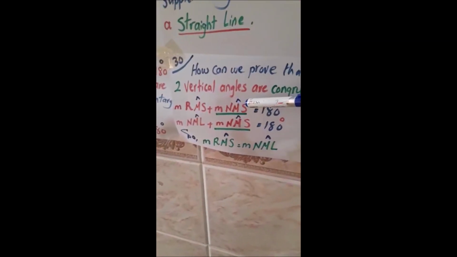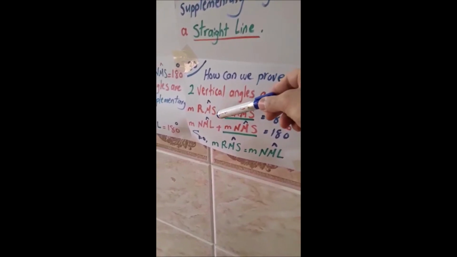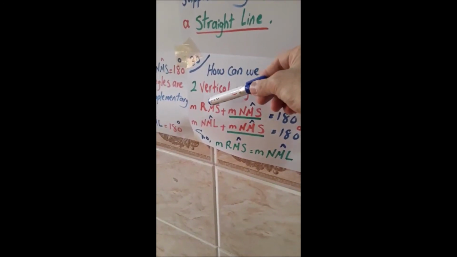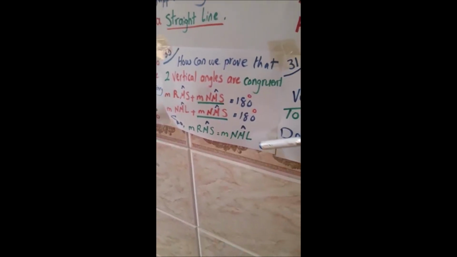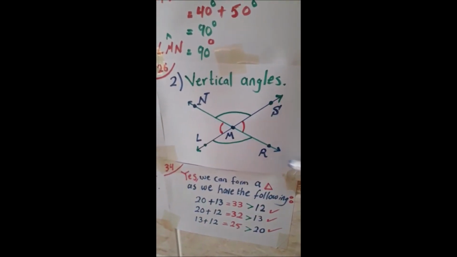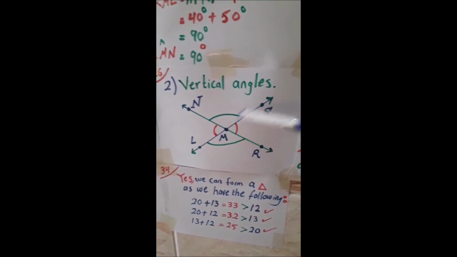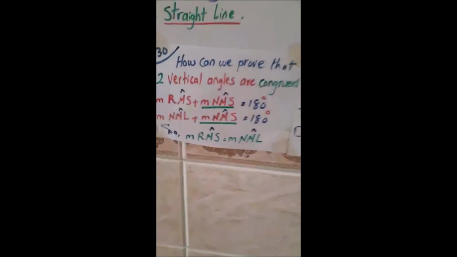So here the angle NMS is common. That means the measure of angle RMS and the measure of angle NML are equal, so they are congruent. And by this we prove that RMS and NML, this one and this one, are vertical and congruent. Yes, guys, you are clever.